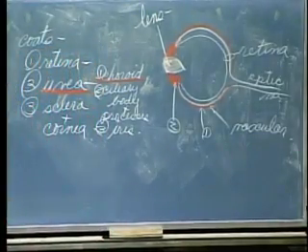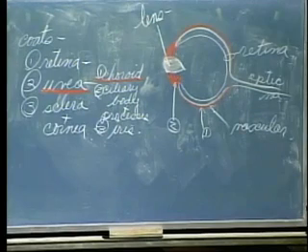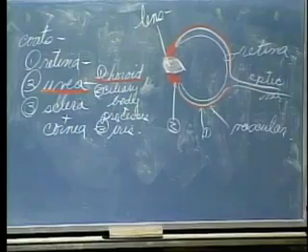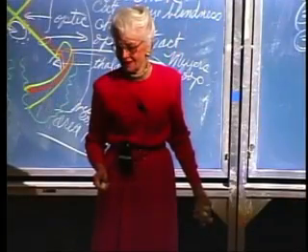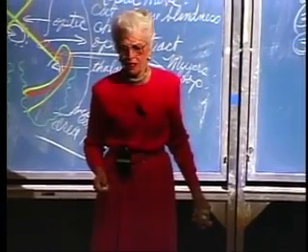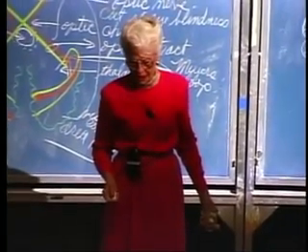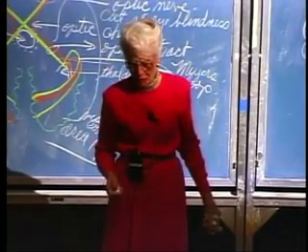What's a lens made of? Have you ever dissected an eye? Have you ever taken the lens out and put it on a newspaper, and what happens to the newspaper print? Magnifies. When you go out into the classroom, the kids love it because a lens is made of epithelial cells, and yet they can magnify.